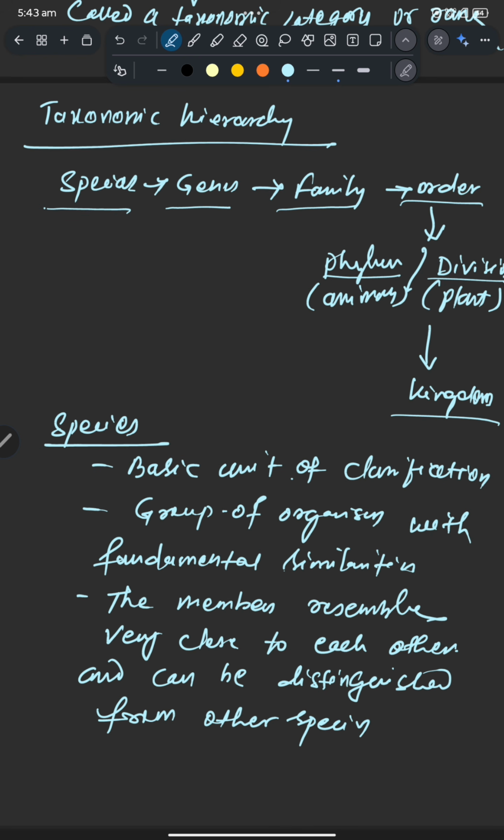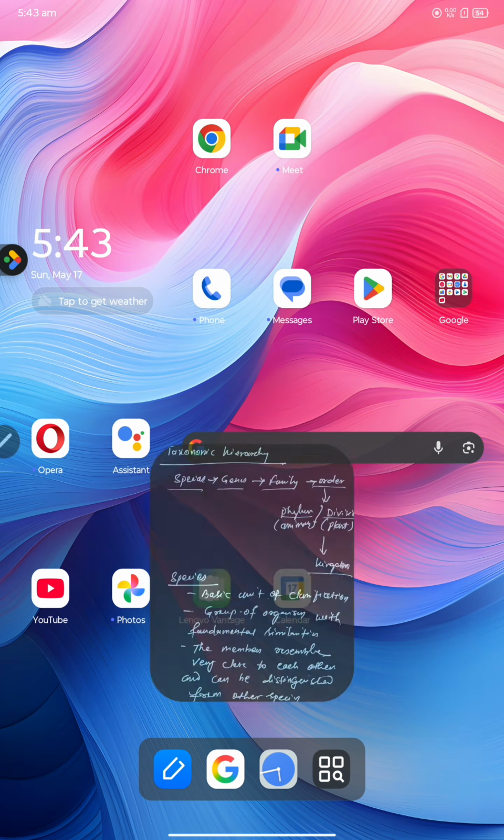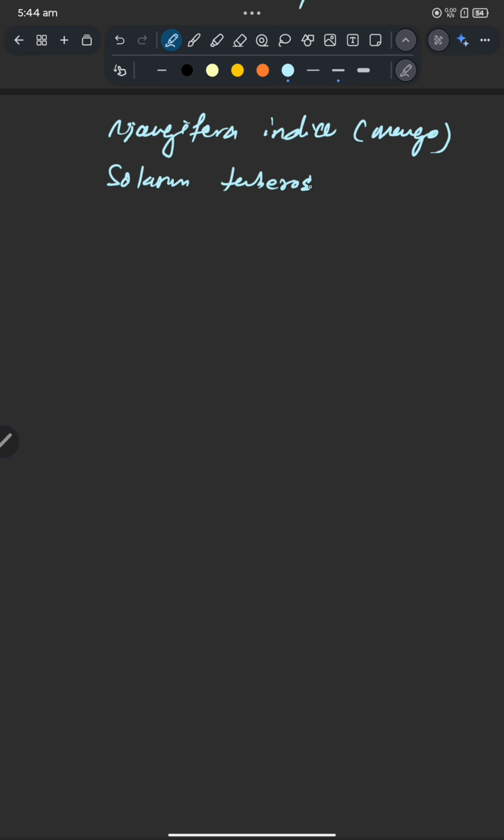Okay, for example, Mangifera indica, that is mango, Solanum tuberosum, that is potato, then Panthera leo, that is lion.